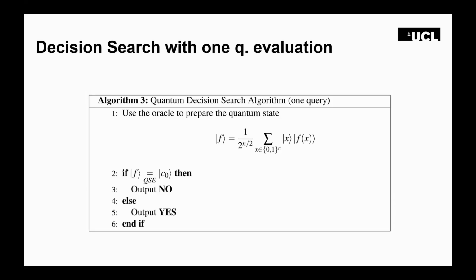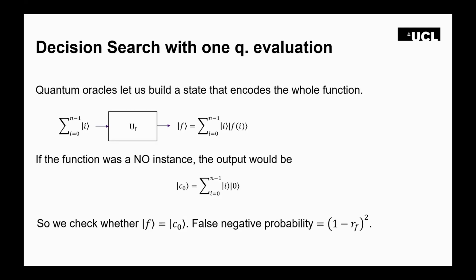This algorithm has a better performance than the classical algorithm. Remember that the classical algorithm was randomly sampling one value, and so it had a failure probability of 1 minus RF. As I had this at the bottom of the previous slide, here you can get 1 minus RF squared. That square comes in because of Born's rule, the measurement statistics of quantum states has the square. And again, that will be familiar to the more technical audience.